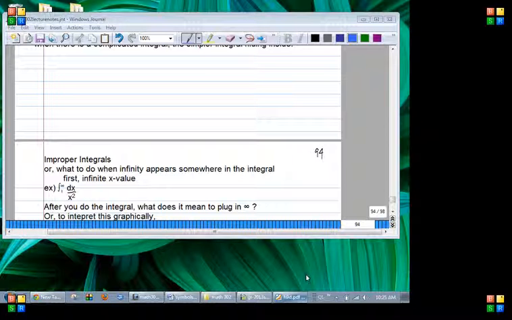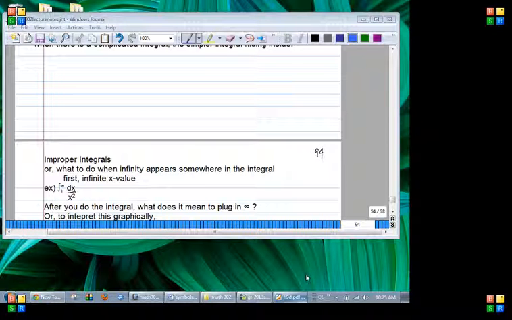So the first thing we're going to look at is what happens if there's infinity as an x value. In this case, what that means is one of your boundaries of integration is infinity. So what does that mean? Let's say we just treated this integral like a regular integral.